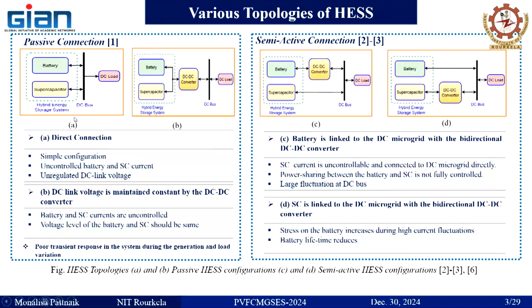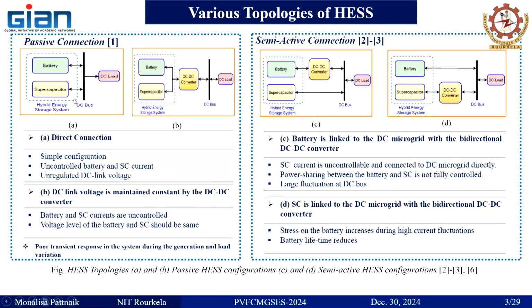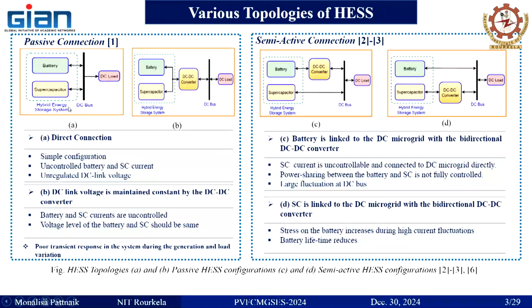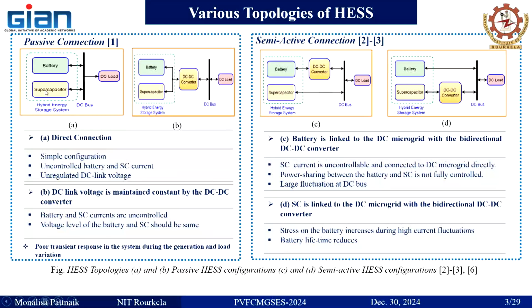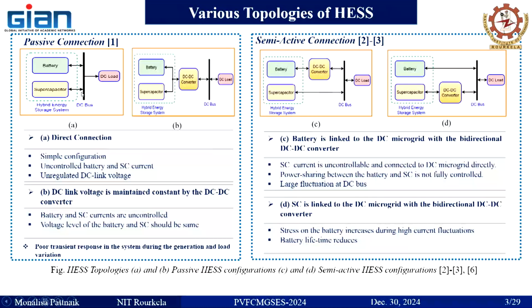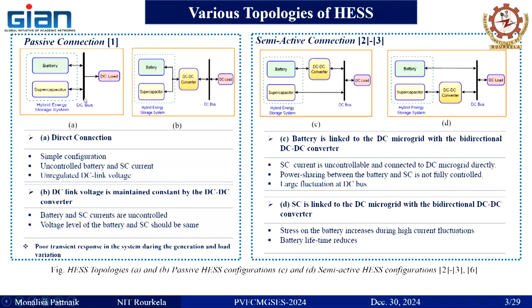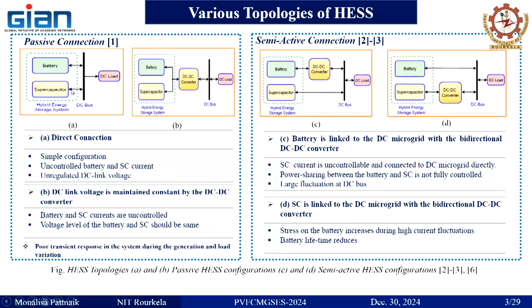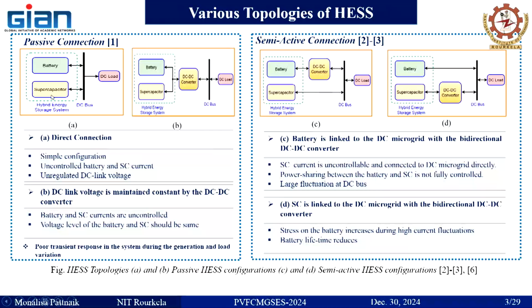This topology is very simple and less costly because we do not have any control here, but the main problem is that the battery and supercapacitor current as well as the DC bus voltage we cannot regulate.